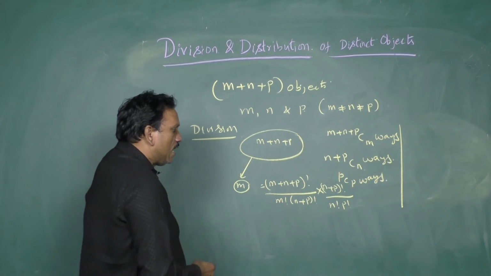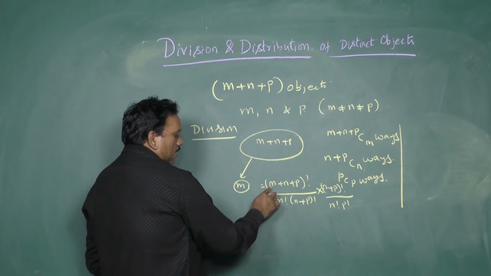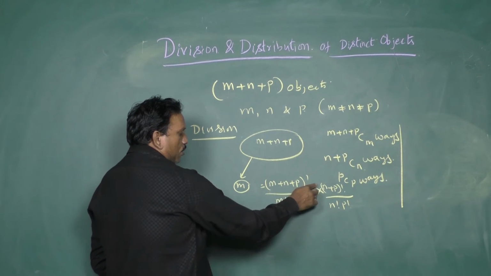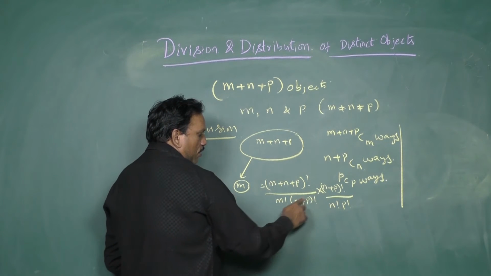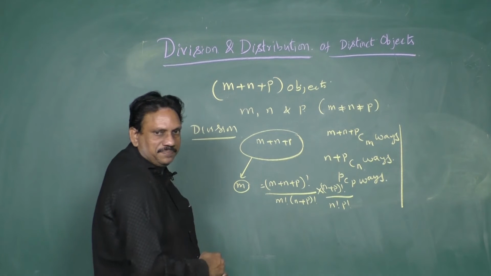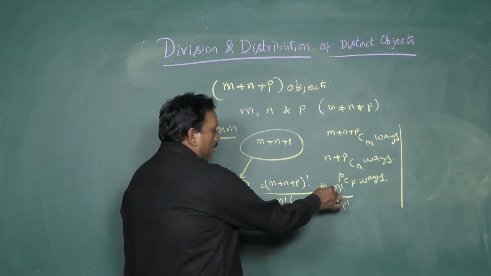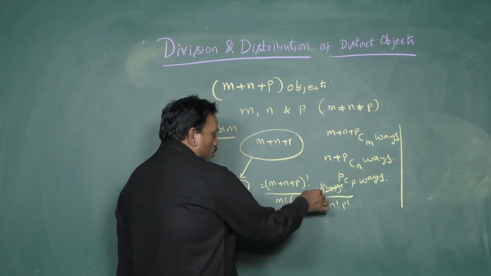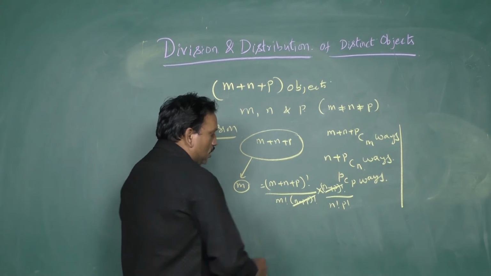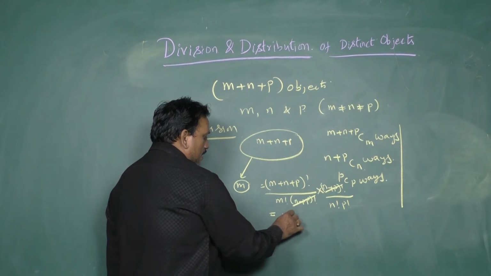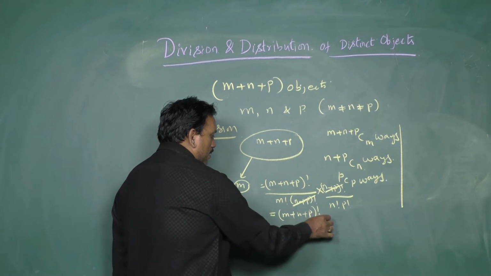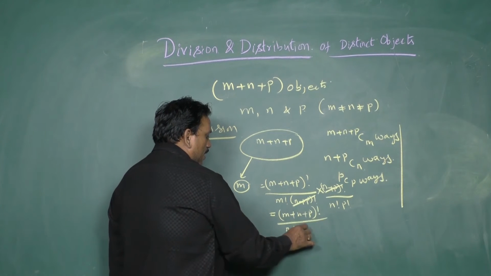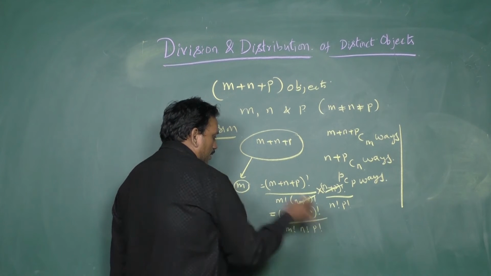So the value is m plus n plus p factorial into n plus p factorial by m factorial, n factorial, p factorial into n plus p whole factorial. So n plus p factorial in numerator and denominator cancels. So the final result is m plus n plus p whole factorial by m factorial, n factorial, p factorial.